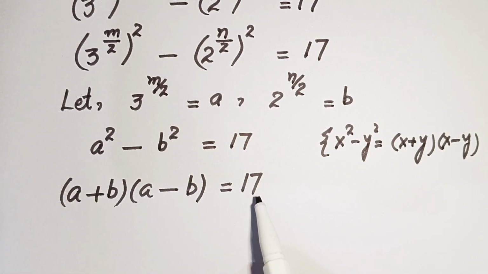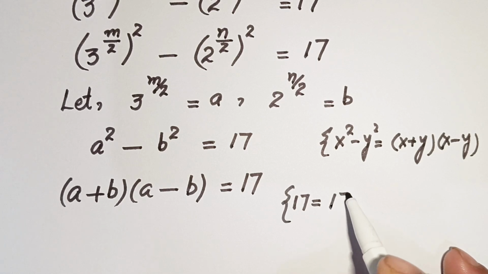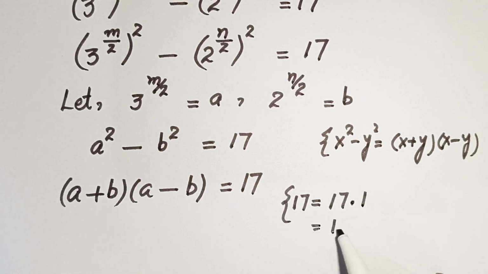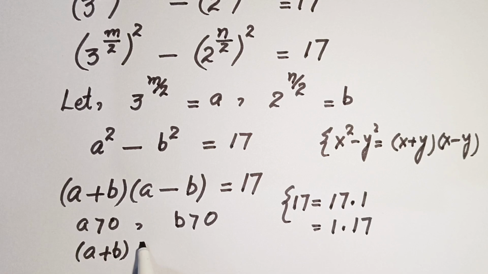Now if we factorize 17, it is equal to 17 times 1, and similarly 1 times 17. We have two factorizations of 17, but a is greater than 0 and b is also greater than 0, so a plus b is greater than a minus b.